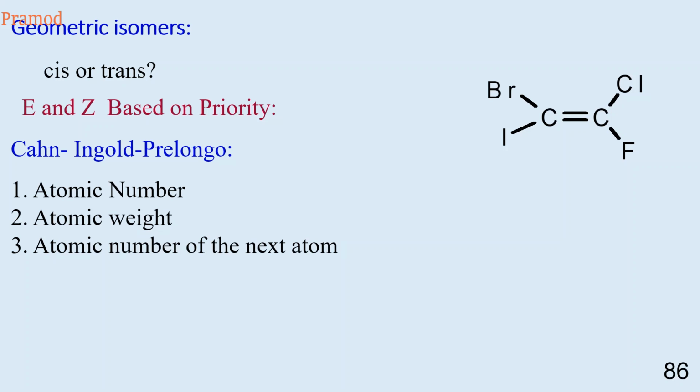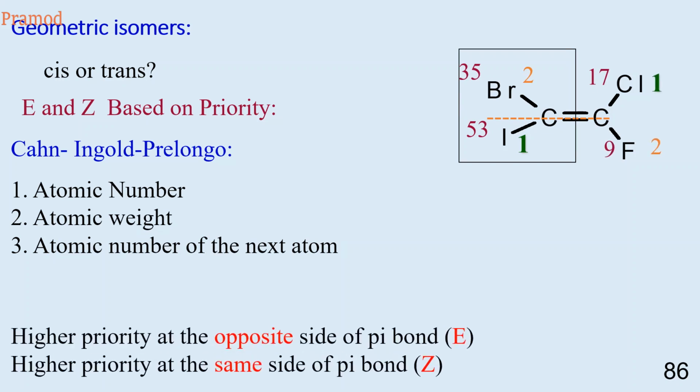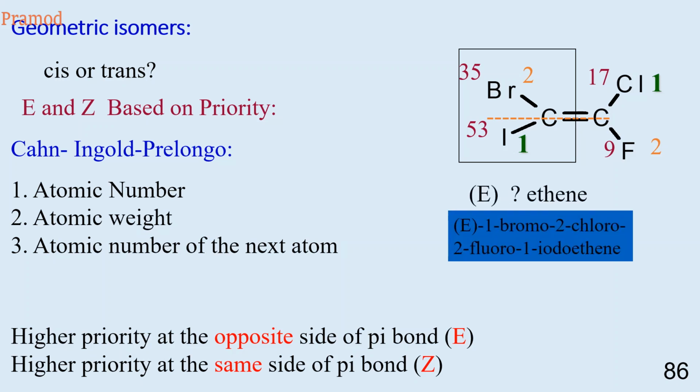So what do you see? The atomic numbers are 35, 53 and 17, 9. High priority groups on the opposite side are E, and high priority groups on the same side are Z. Here the high priority groups are on the opposite side, so this is said to be of E configuration.